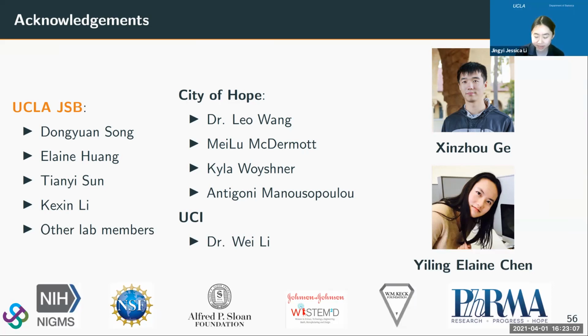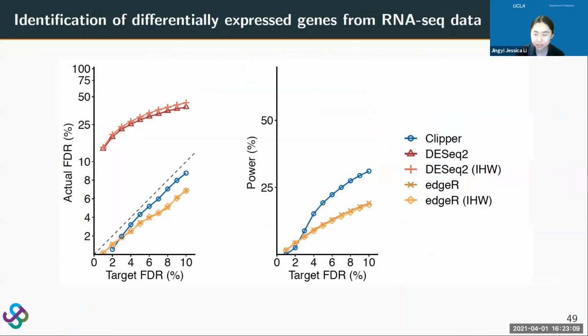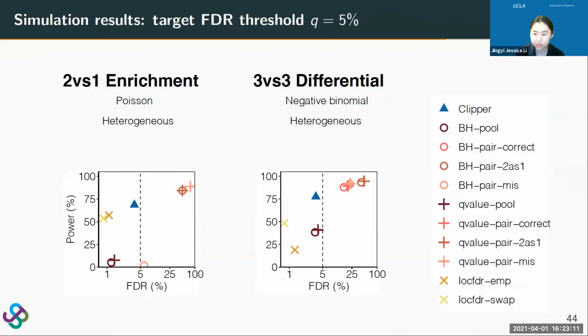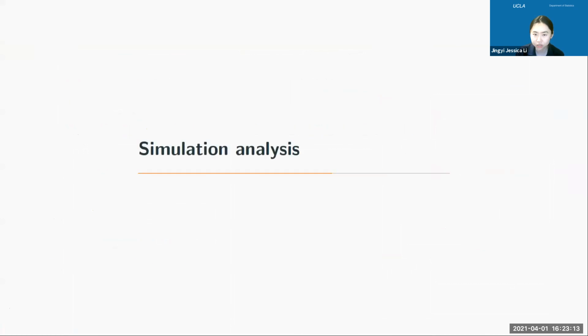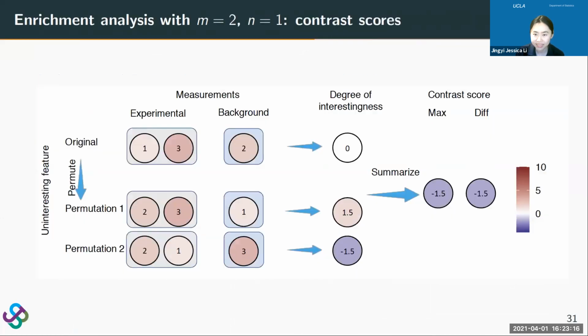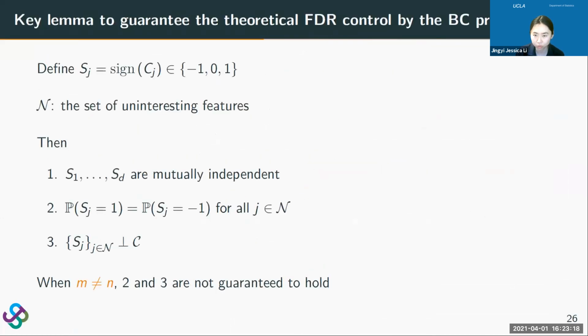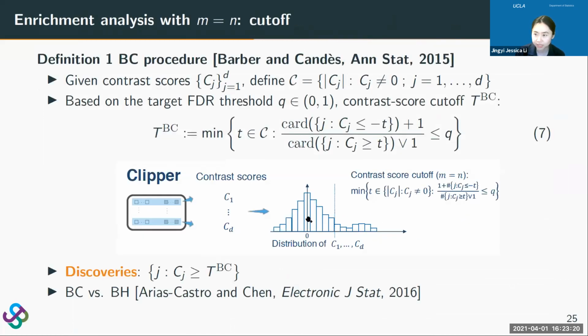That's a very good question. Not straightforwardly, but I would say that the noise is actually accounted for in the contrast score distribution. Each contrast score is an observed value of the random contrast score.